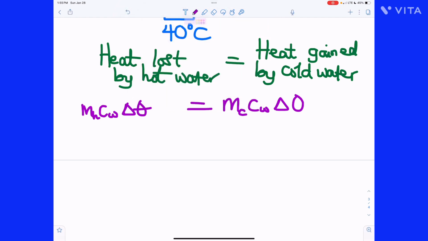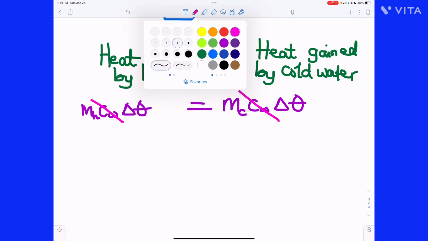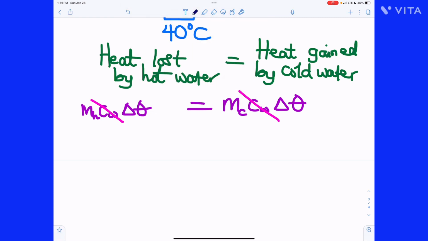So the heat lost by hot water is equal to heat gained by cold water. I want to take this one by one. Now, heat lost by hot water is the mass of the hot water times CW. We cancel CW on both sides because it's referring to the same quantity, specific heat capacity of water.